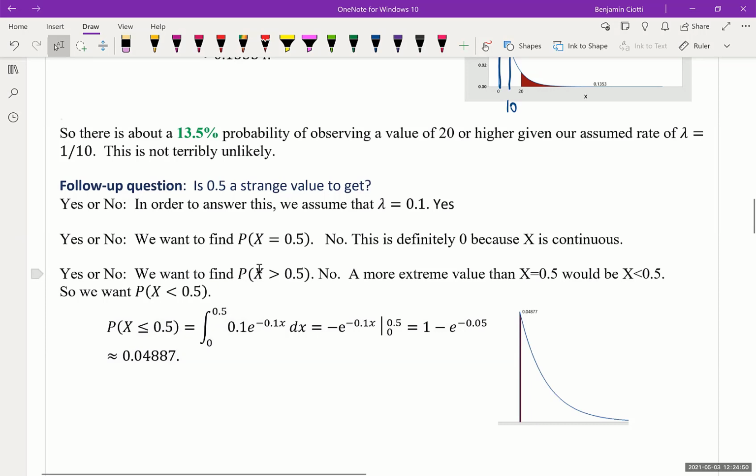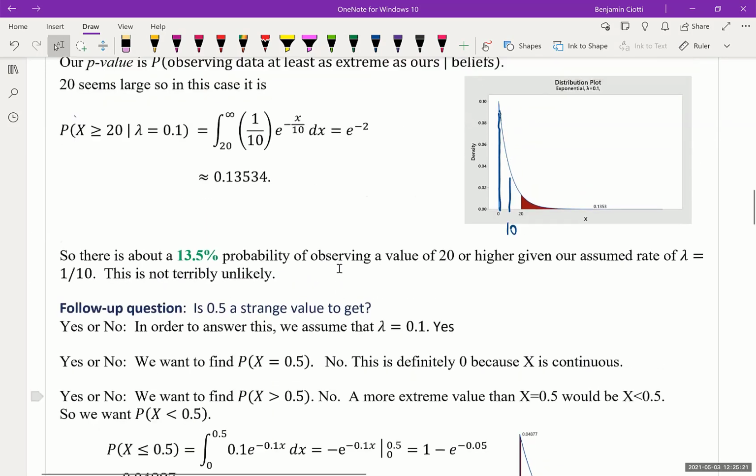And let's see, Minjin asked about one tail and two tail. And yes, we do care about one tail and two tail tests. I'll get more into those later. Part of the way that you can tell whether you want a one tail or two tail test is you have to read the question carefully.